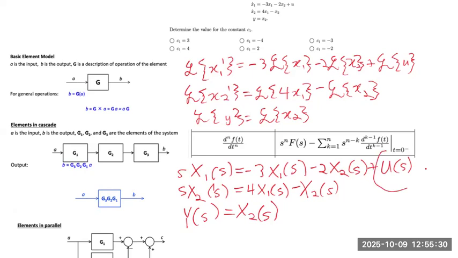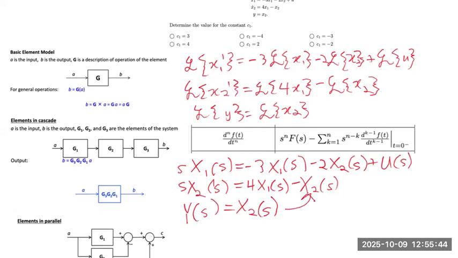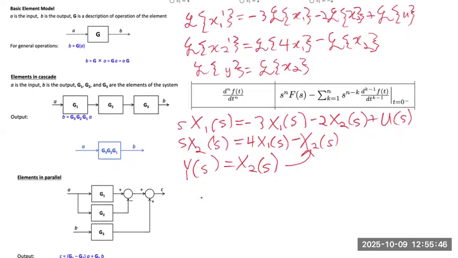So we'll get it all in terms of one variable. We see that we have u(s) over here, we have y(s) over here, and we want to get it in terms of u(s), x2(s), x1(s), and y(s). So what we do is we plug in y(s) for x2(s) over here, and in our second equation, that would be s y(s) equal to 4x1(s) minus y(s).